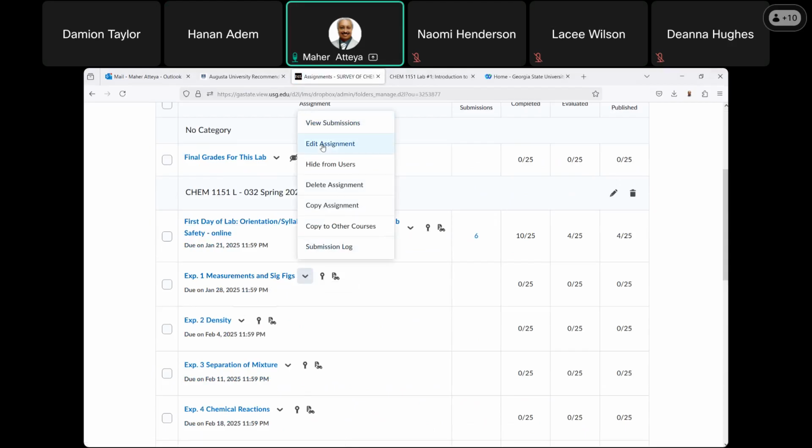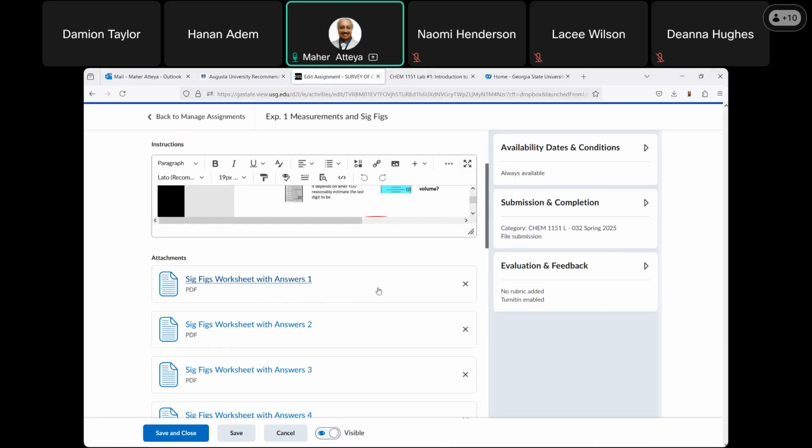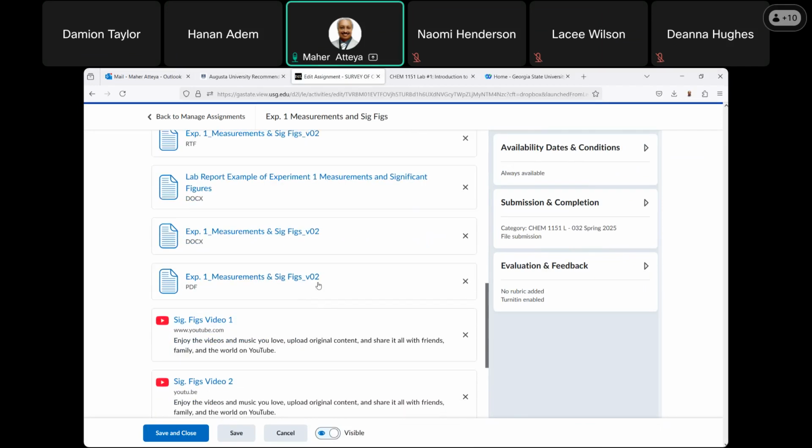Then I have to go to edit it. Now you see a lot of files here. The last file, V01, V02. Anytime you have V and a number, that is the version. This is version 02, so we are using the second version.